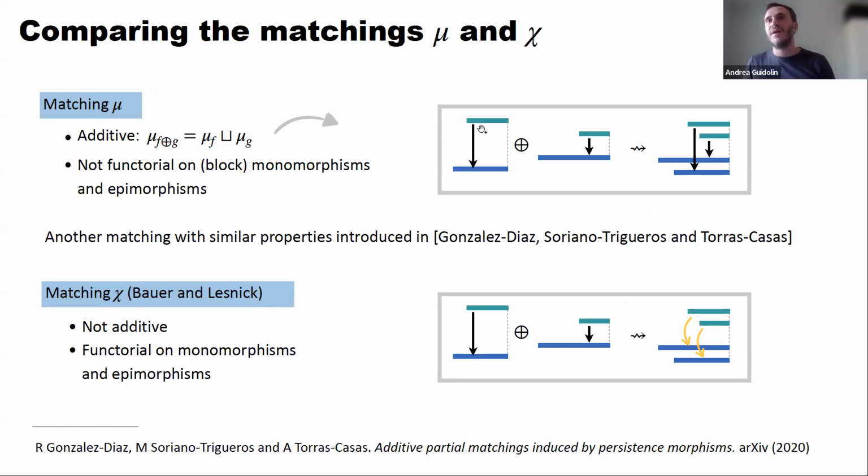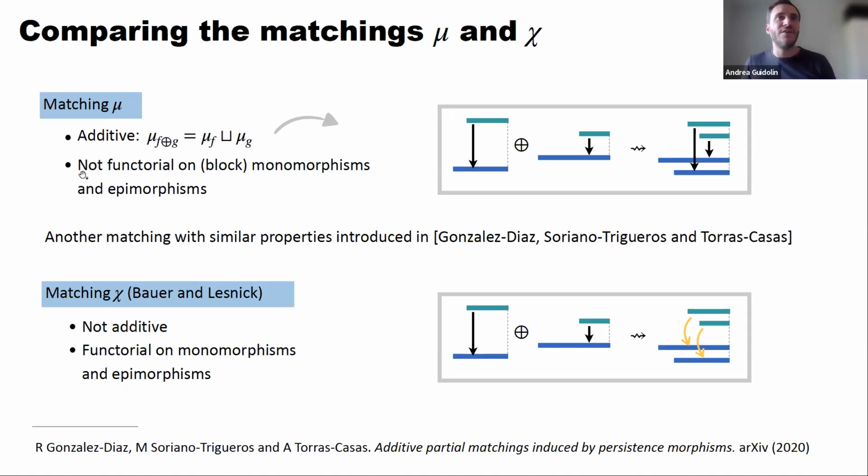The picture is, again, in the case of bars that have the same endpoint, just because previously I showed you many examples of that situation. If you take the direct sum of these two morphisms, the matching doesn't change. It still matches the first bar to the same bar, it coincides with the original one.